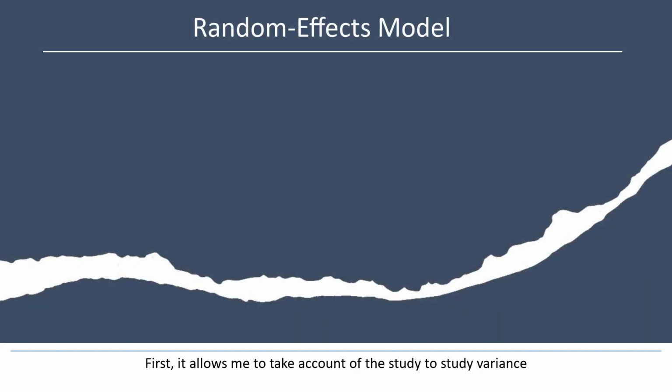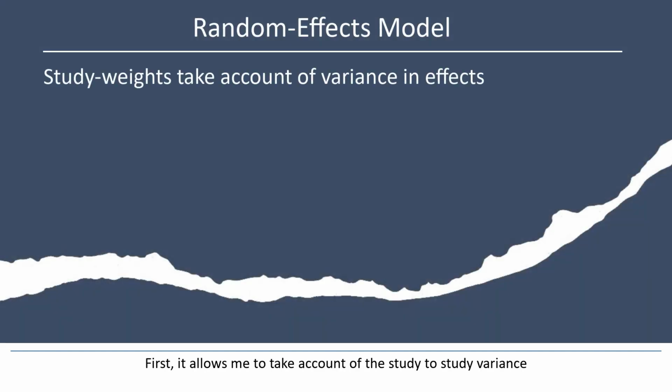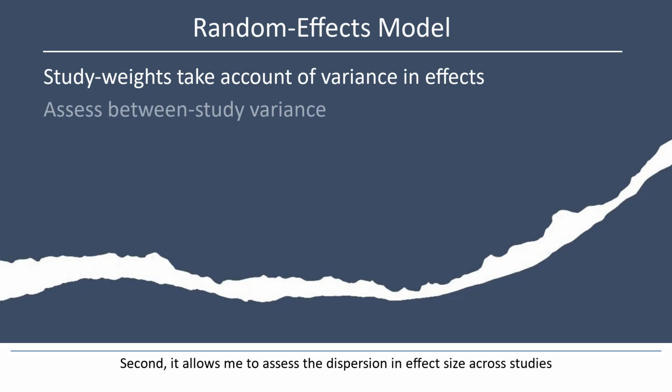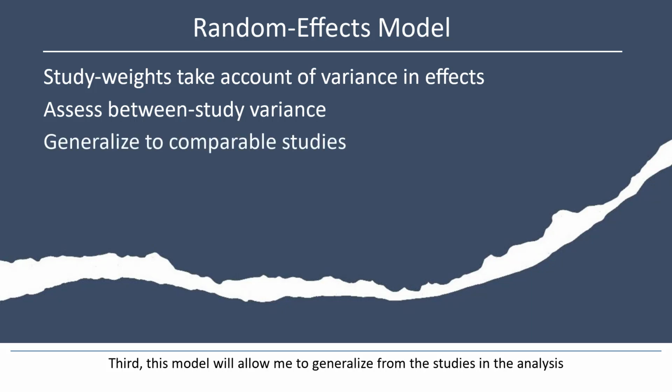First, it allows me to take account of the study-to-study variance when assigning weights to each study. Second, it allows me to assess the dispersion in effect size across studies. And third, this model will allow me to generalize from the studies in the analysis to the universe of comparable studies, which is what I intend to do.